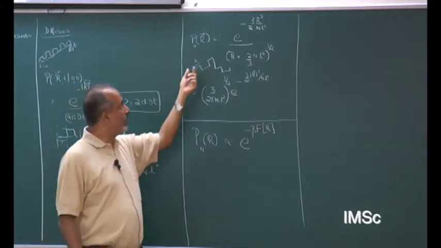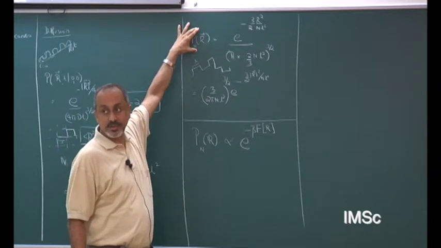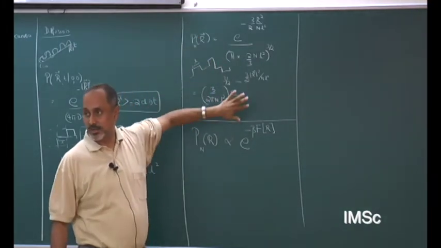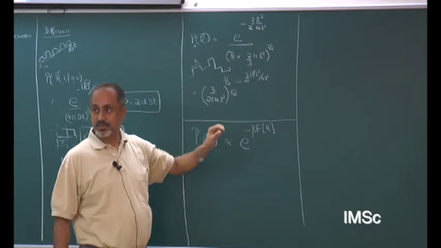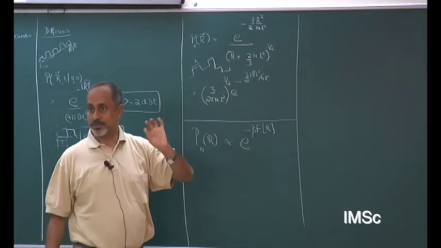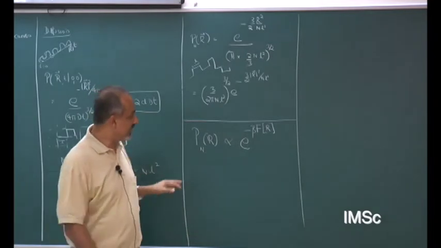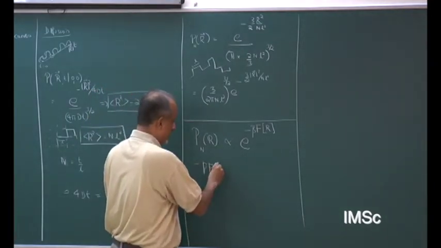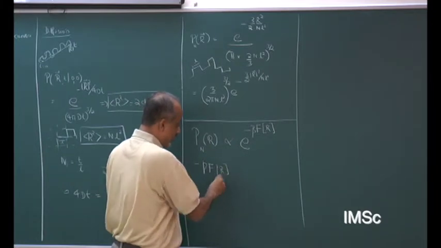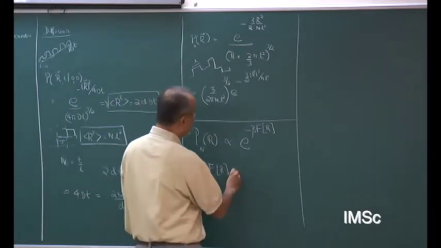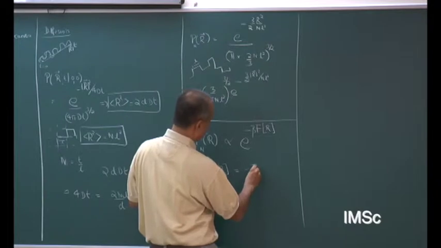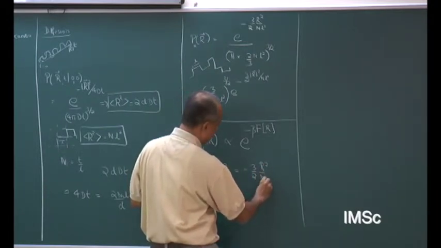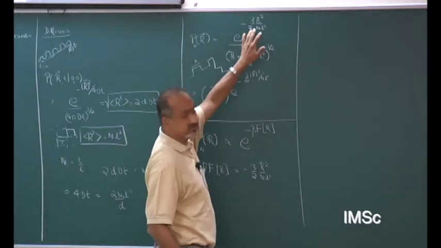And here, all we need to remember is that the probability distributions of R are related to exponential of minus beta times some energy. In this case, I will call it a free energy, because it involves integrating out along the contour of the polymer. Once I have this result, I have minus beta F of R, the free energy of a polymer with end-to-end distance R. This equals minus 3 divided by 2 R squared divided by n L squared. That's just this factor here.